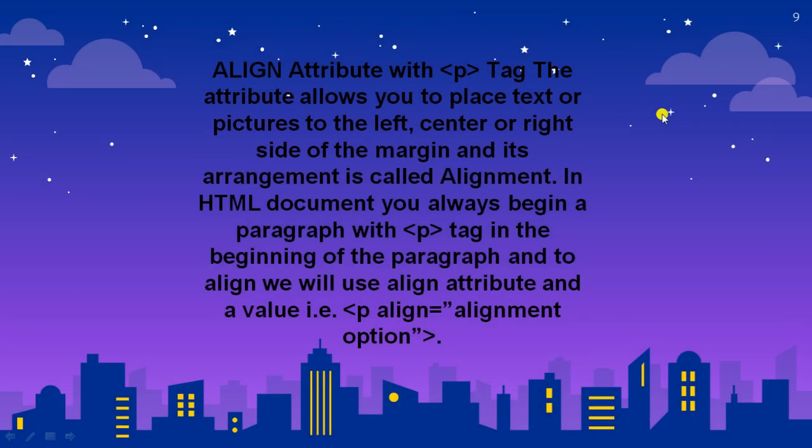Like a line attribute with P tag, the attribute allows you to place text or pictures to left, center, or right side of the margin, and its arrangement is called alignment, right? In HTML document, you always begin a paragraph with P tag, and to align, we will use align attribute, a value that is P align equals alignment, whatever option you give, that is right, left, or center.